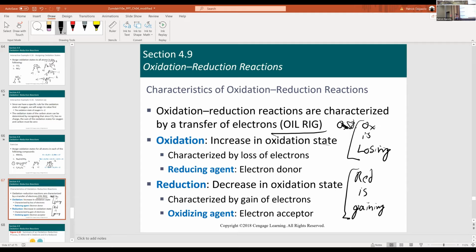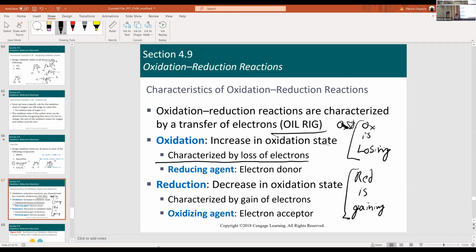So when you have something that's oxidized, what that means is it's characterized by a loss of electrons. What that means is when you compare its initial oxidation state, so these numbers that we've been figuring out, when you compare the number before and after, the number increases.